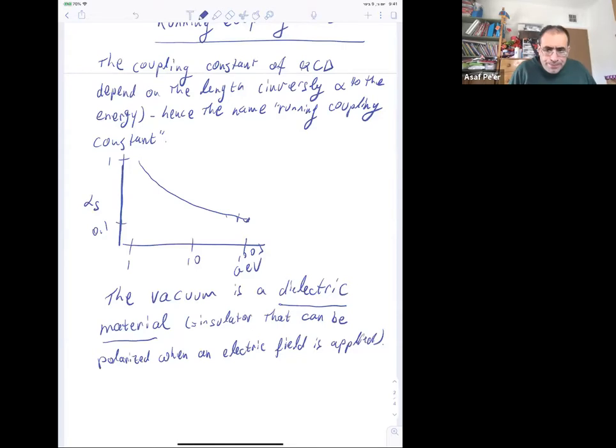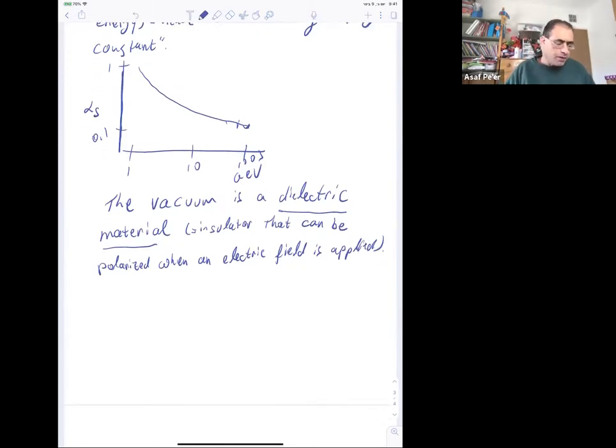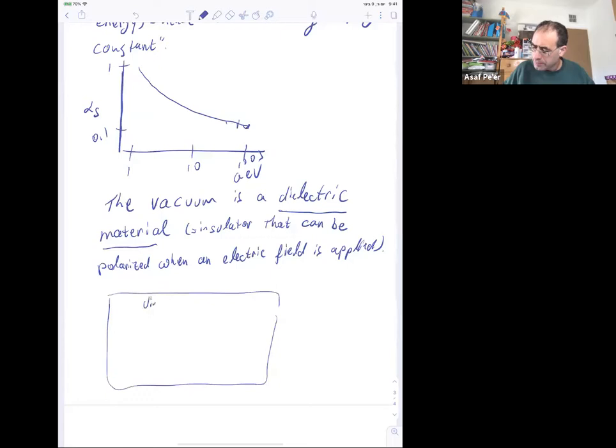Okay, so what does it mean? Let's say that I have a dielectric material, and I put a charge Q inside the dielectric material. What happens?